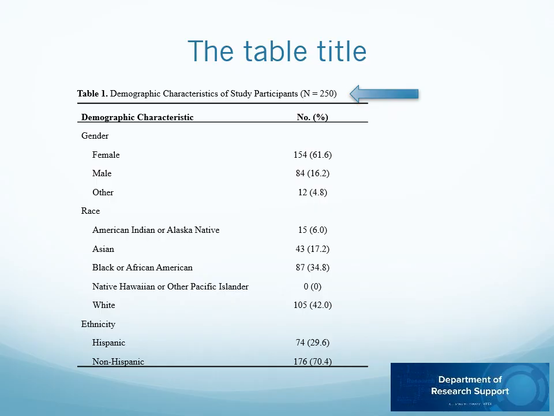There should not be a period at the end of the title. As a reminder, this formatting of the table title follows American Medical Association guidelines. Some medical science journals have different instructions for formatting the table title, so remember to check the journal's instructions for correct formatting of your tables.